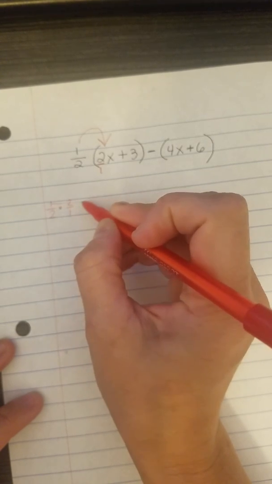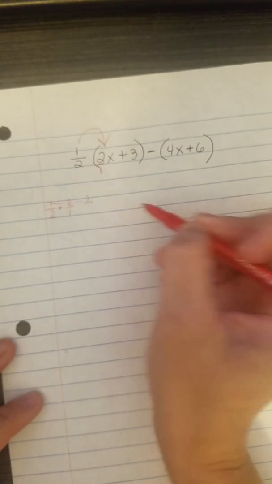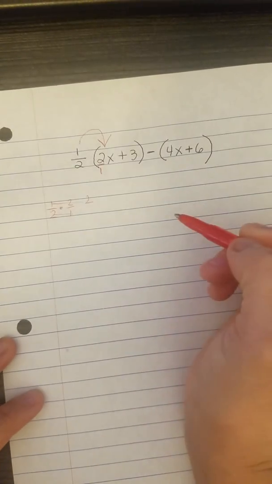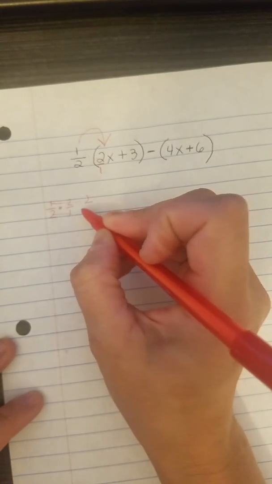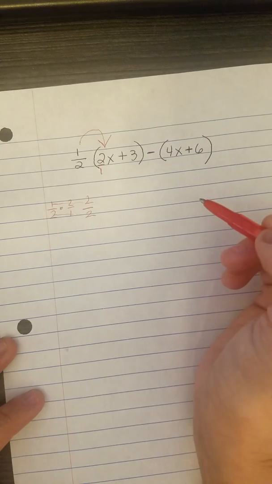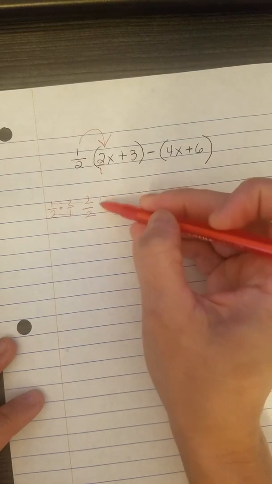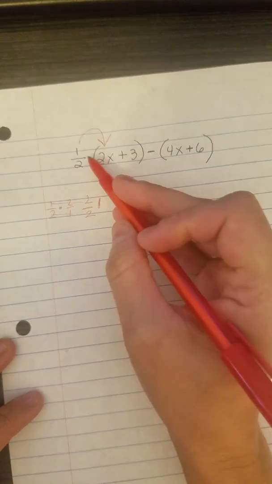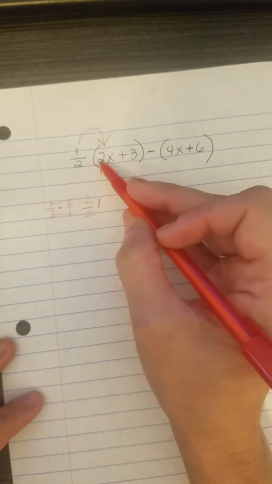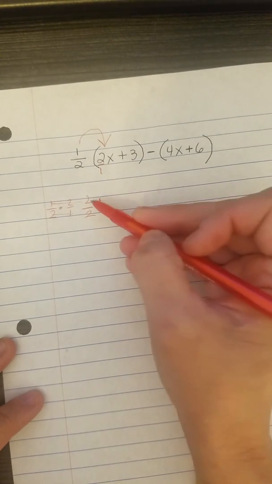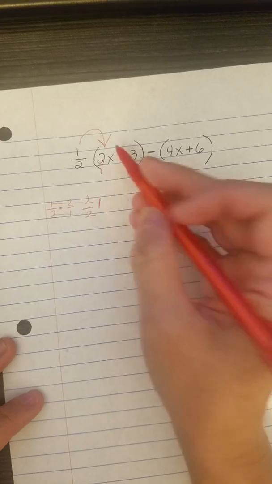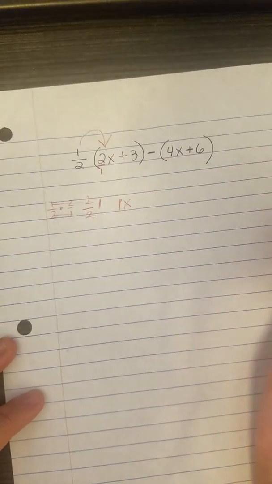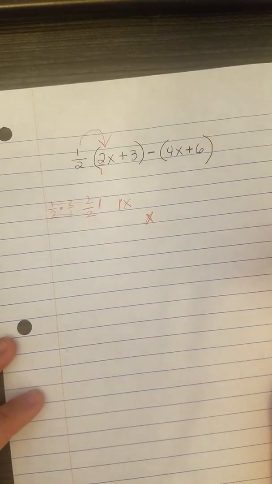You multiply the numerator, which is 1 times 2 is 2. Multiply the denominator, which is 2 times 1 is 2. Okay, and 2 over 2 is just 1. So 1/2 times 2x is going to give me 2 over 2x, which is 1x. And 1x is the same thing as just x.